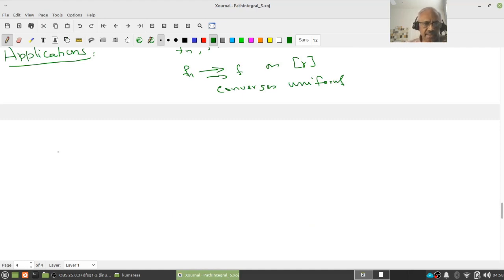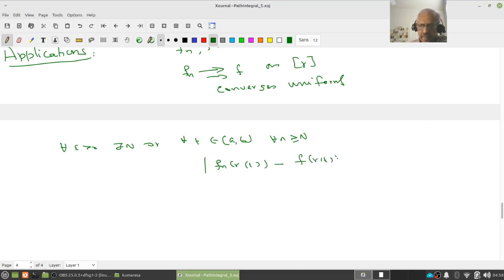Let's recall quickly. That is, for every epsilon positive, there is an N so that for every point in the trace of gamma, but every point in the trace of gamma is of the form gamma t for some t in [a,b]. Therefore, for every t and for every n greater than or equal to capital N, modulus of f_n of gamma t minus f of gamma t is less than epsilon.